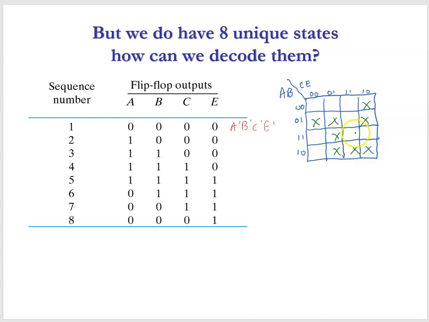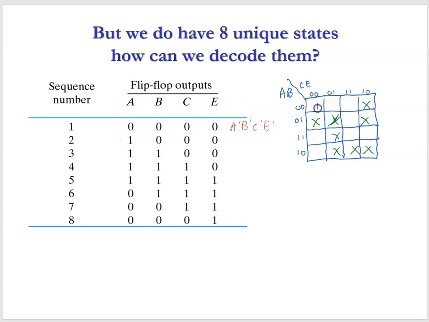So in all these, binary combinations are not part. There are 8 binary combinations that are not part of the switch-tail ring counter. So as long as we don't get into an unused state, we could use those, for example. So if we were going to design, for example, our sequence number 1, well, that's in state 0, 0, 0, 0.